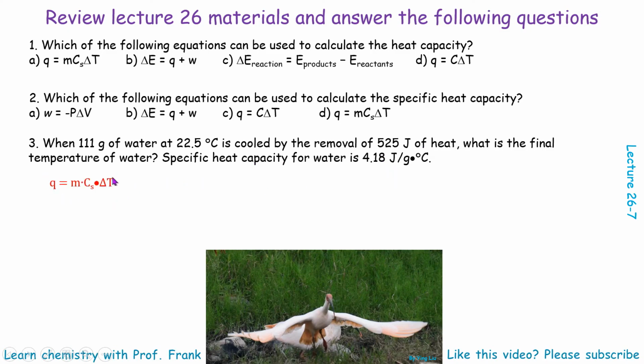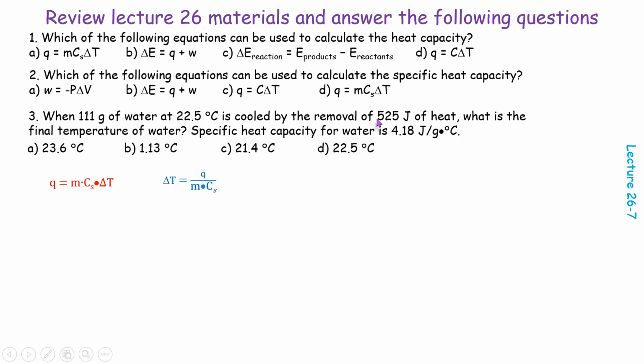Obviously, we need to recall this key equation. From this key equation, we should be able to write down the relevant equation for calculating delta T equals Q over m and Cs. Then what is the Q? In the question, 525 joules of heat is removed from the system, from water.